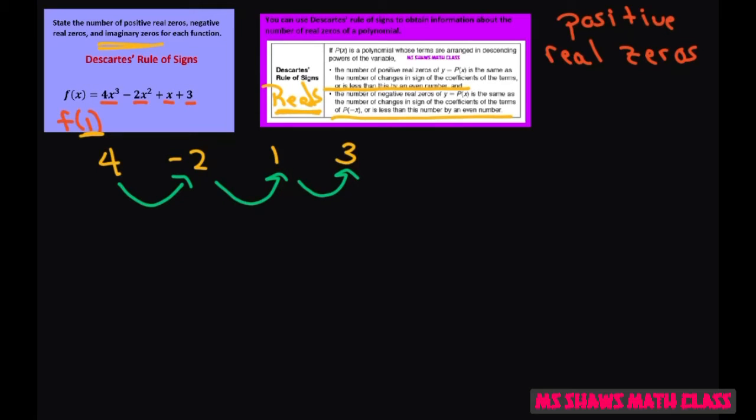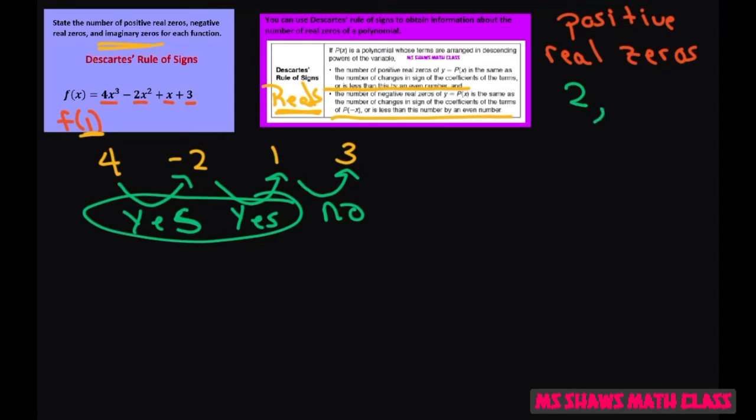Now, the only changes signs here and here, but not here. So that's 2. So we either have 2, and according to Descartes' rule of signs, it's equal to 2 or less than 2 by an even number. So we can subtract 2 and get 0. So these are either 2 or 0.